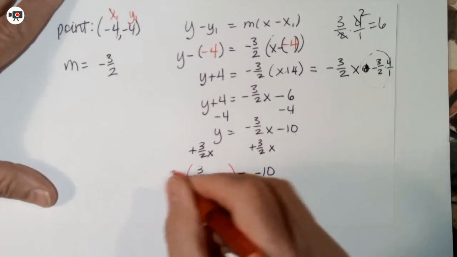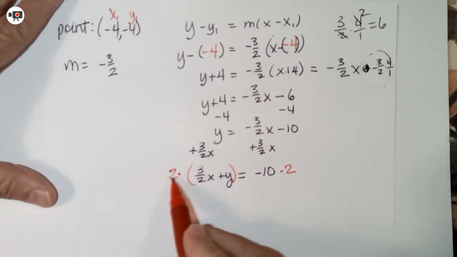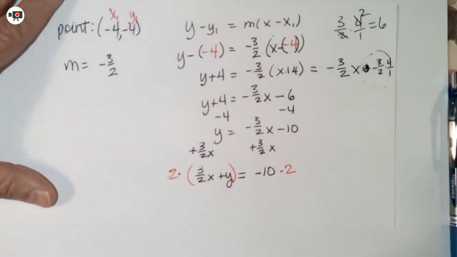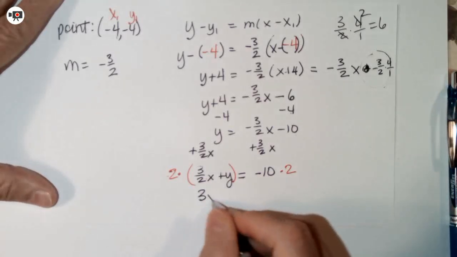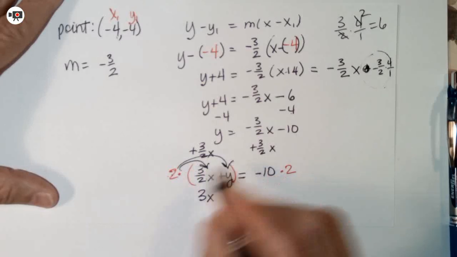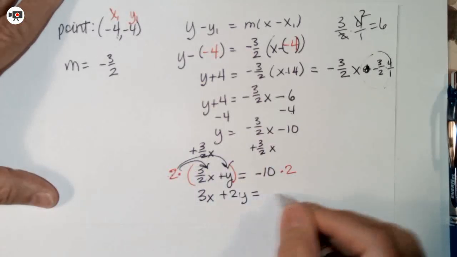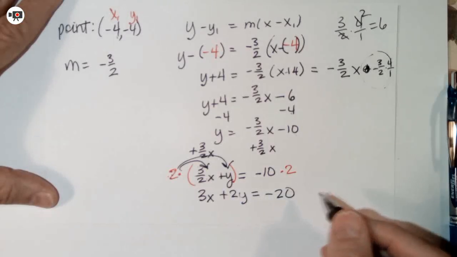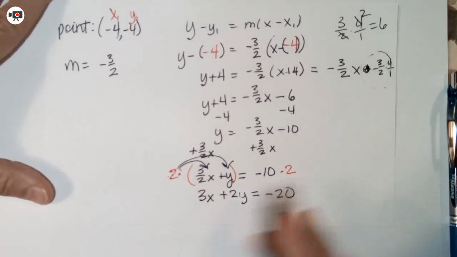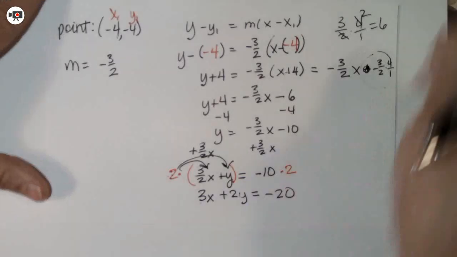So 3/2 times 2 is 3x, and 2 times y is 2y, and this is -20. That is standard form. The x term is already positive.